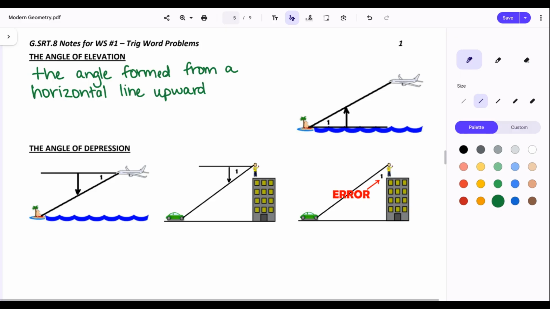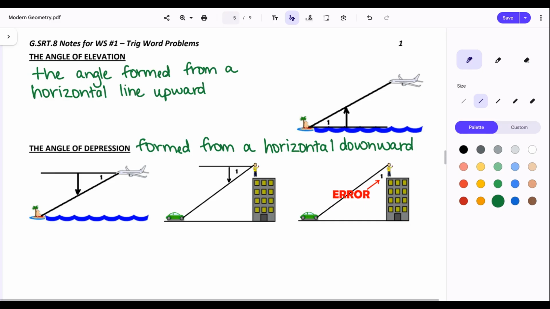Now, the same thing could be said if we're doing an angle of depression. This is formed from a horizontal downward. I'm giving you a couple of different examples here.